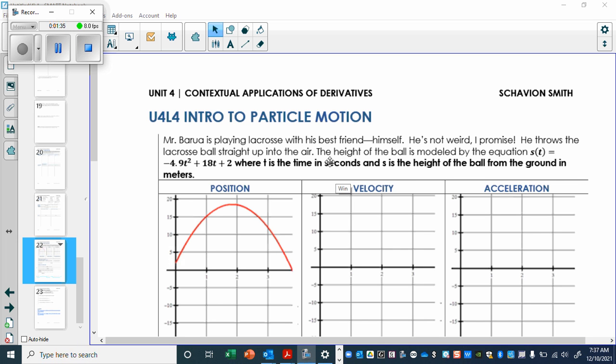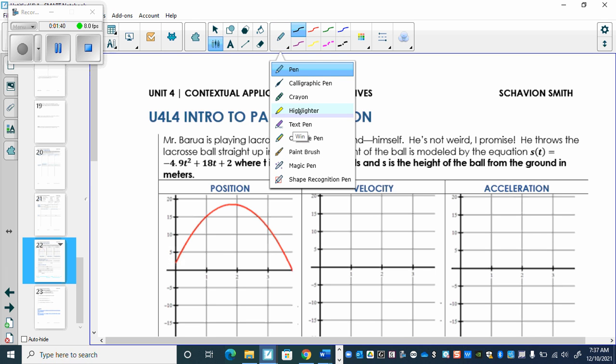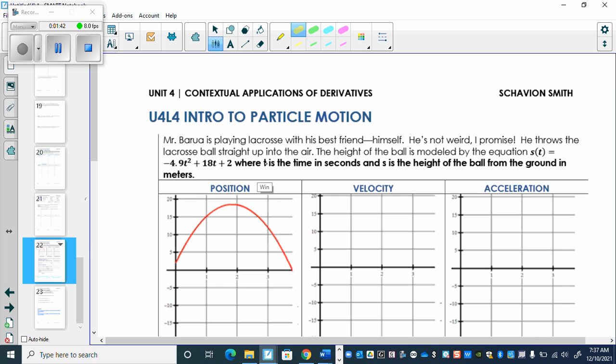So be very clear about what's important here. t is the time in seconds, s is the height of the ball from the ground.